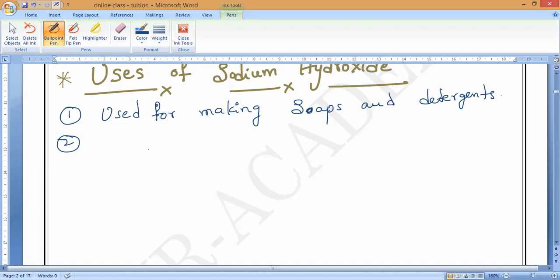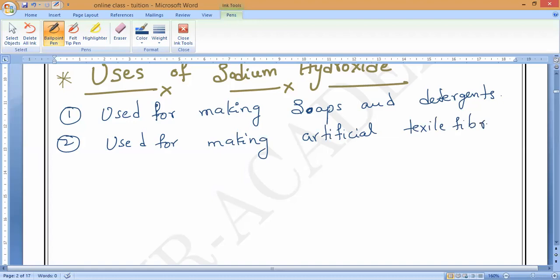Sodium hydroxide is used for making artificial, the opposite of natural, artificial textile fibers. Example, such as rayon. Understand? That is next.